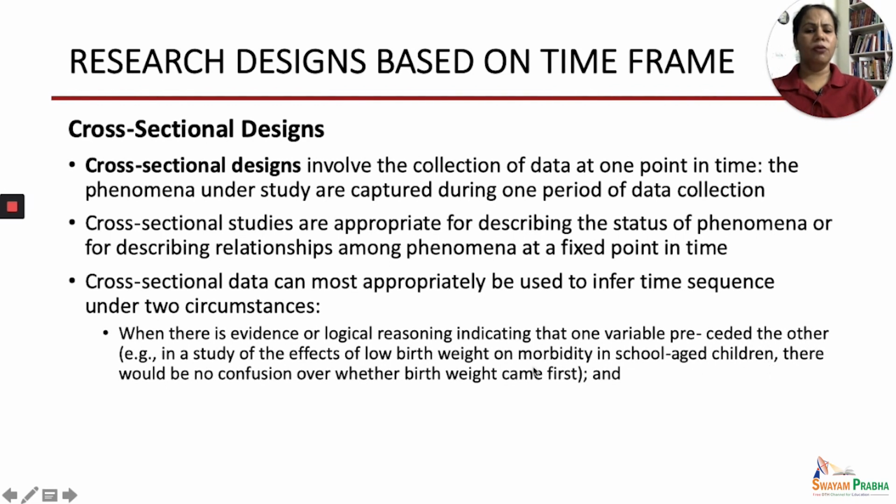Here we know that obviously birth will come first. So low birth weight comes first, and then we study how morbidity in school age children can occur. So there will be no confusion over which came first. This is very clear.